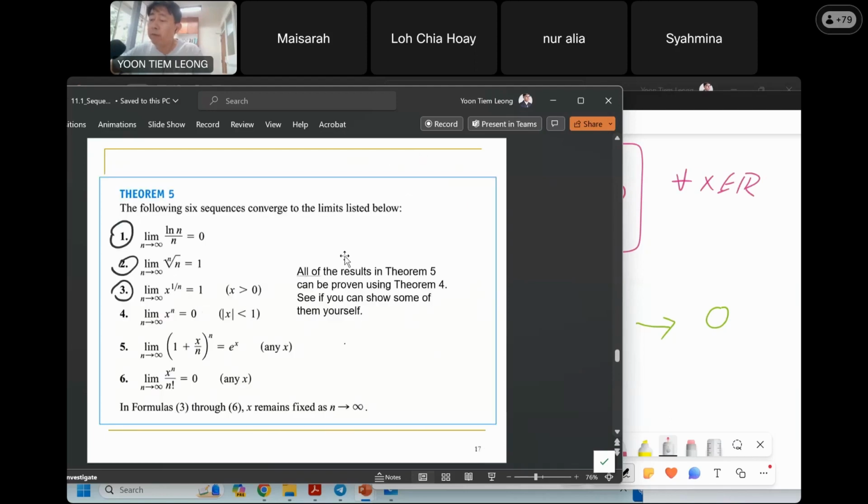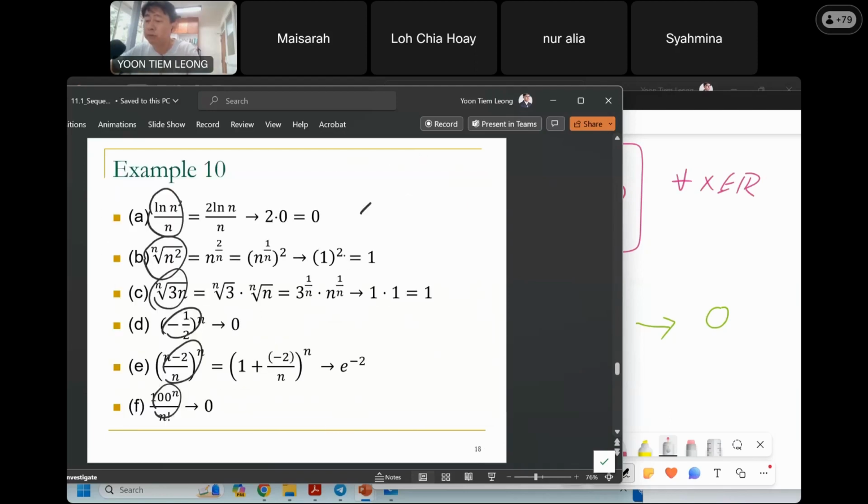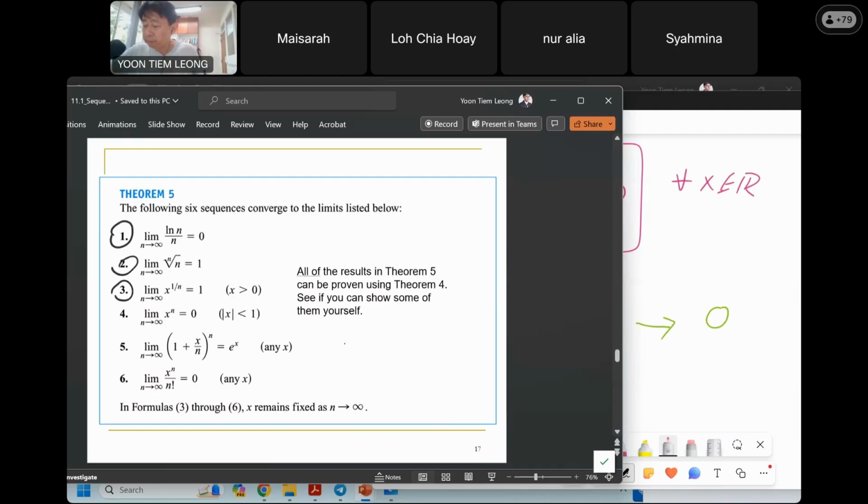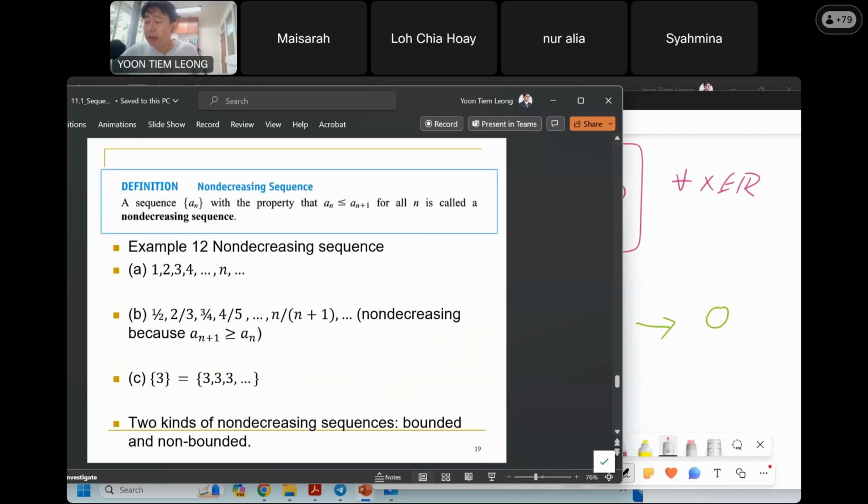Combining theorem 1 and theorem 5, you'll be able to work out the limit of all these sequences yourself easily. So I'm not going to go into detail of example 5, but I expect you to be able to figure this out yourself.